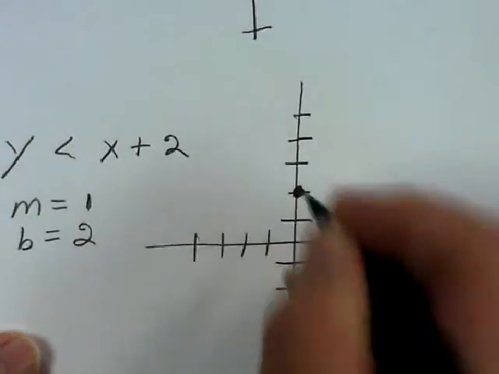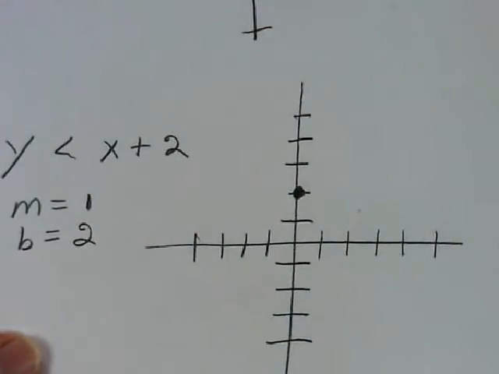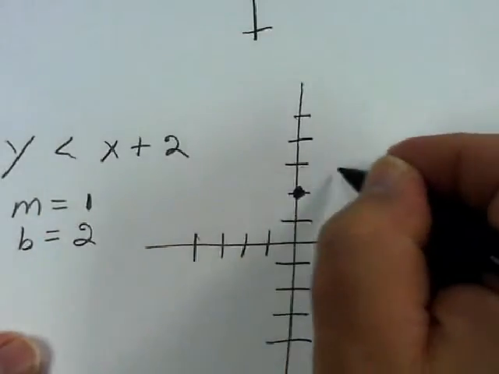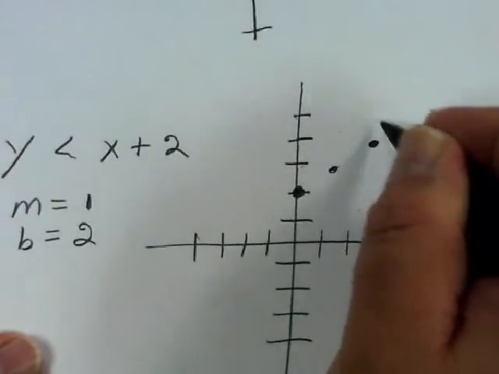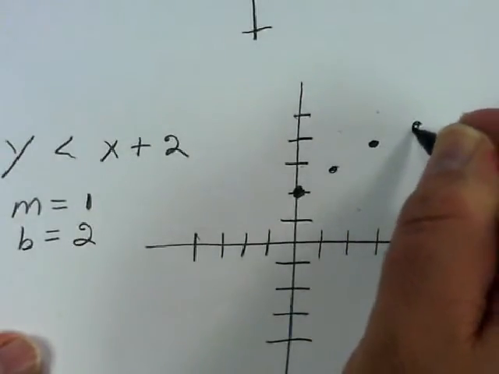So I'd start here. What do I do with my slope? Up 1, to the right 1, up 1, to the right 1, up 1, to the right 1, etc.